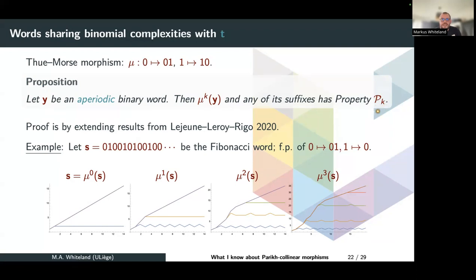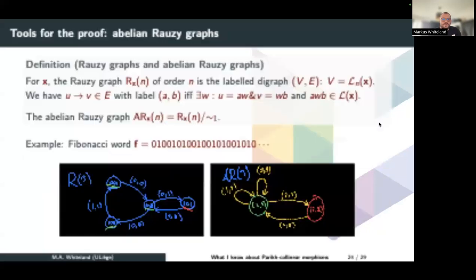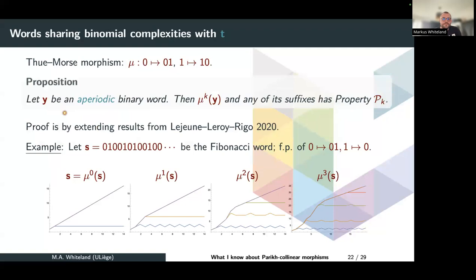The first k binomial complexities are equal to the Thue-Morse word's. And the proof is that we essentially extend results from the paper of Lejeune, Leroy, Rigo on the paper computing the k-binomial complexities of the Thue-Morse word.